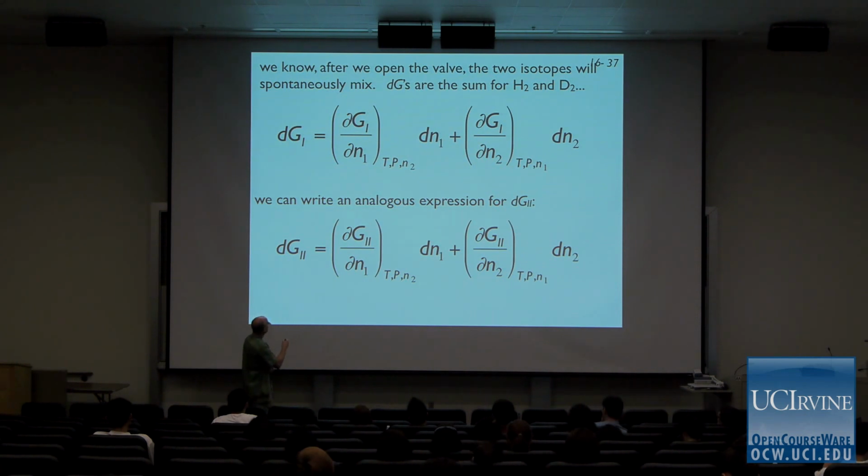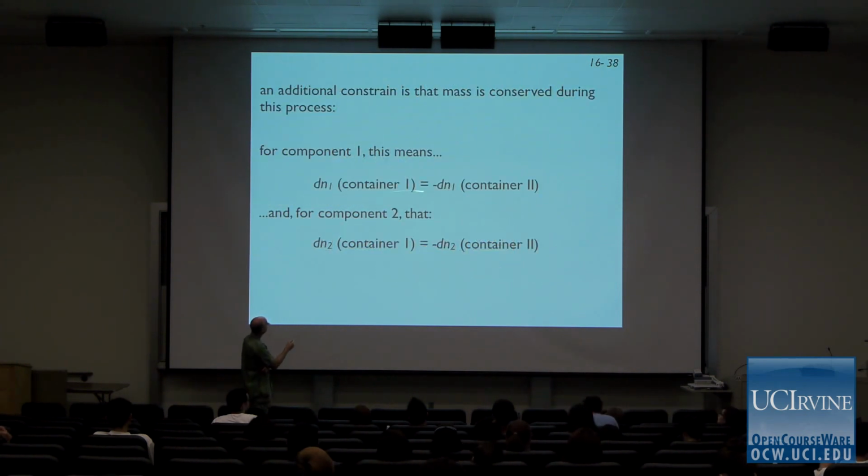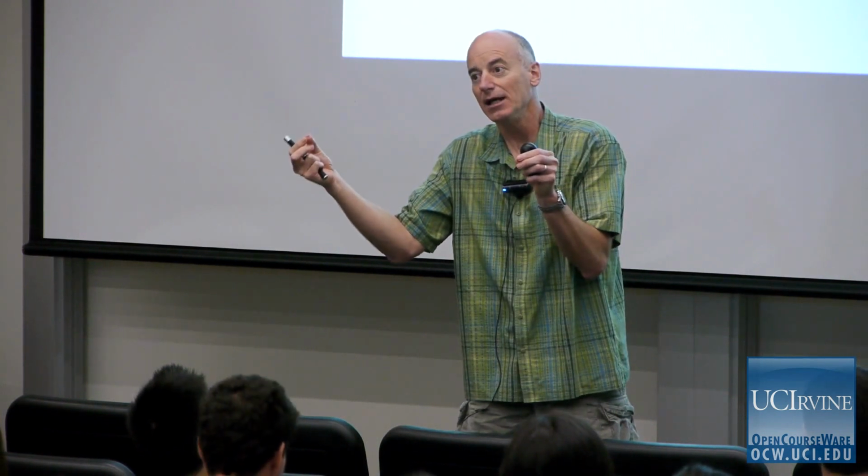Now, the other equation that we can write is simply that there's a relationship between dN1 in bulb 1 and minus dN1 in bulb 2. In other words, if hydrogen flows from bulb 1 to bulb 2, we're going to have minus d hydrogen from bulb 1 and plus d hydrogen in bulb 2, aren't we?